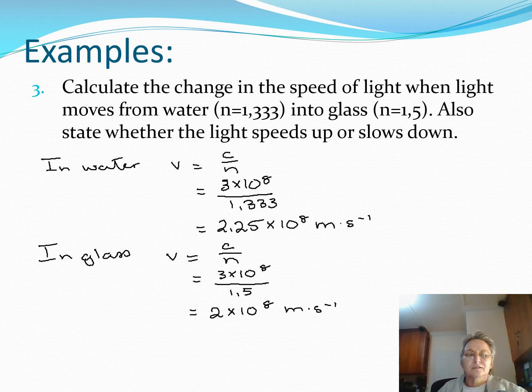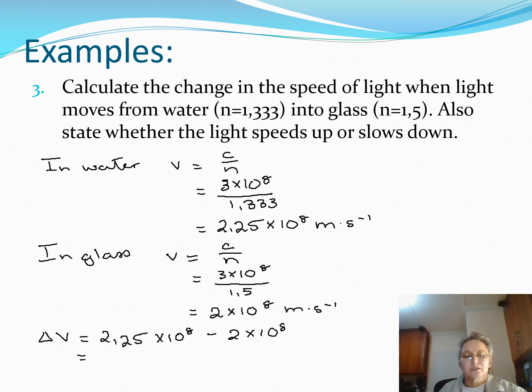Now they asked us to calculate the change in speed, so it is from the speed in water to the speed in glass, 2.25 times 10 to the power 8 minus 2 times 10 to the power 8.